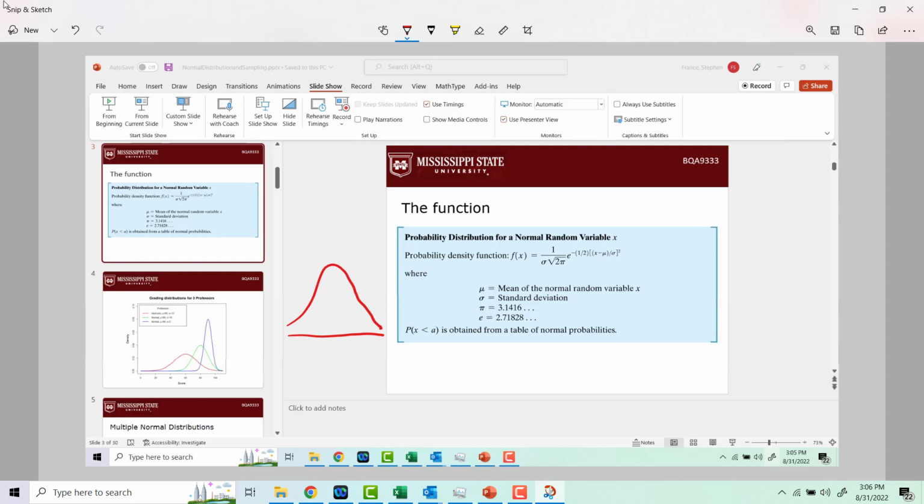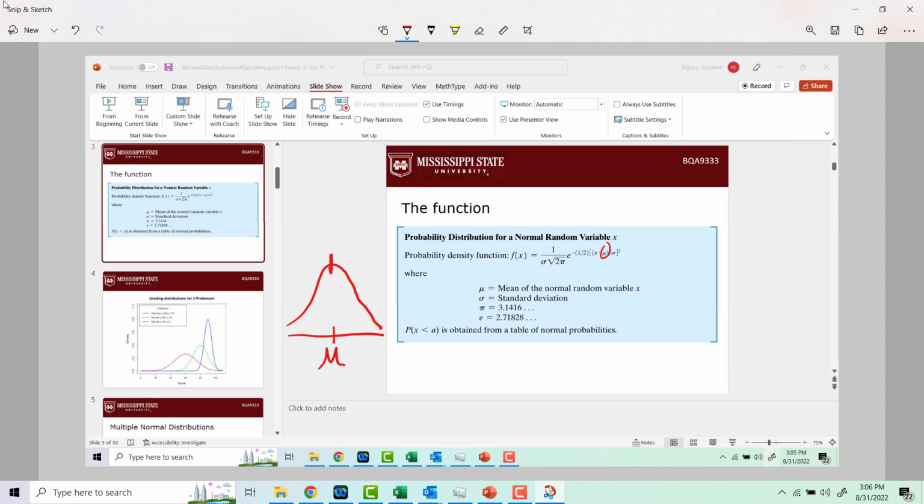And you could think a little bit about some of these factors on the density function here. The mean is in the center. When we're looking at the function, the maximum of this is when your x is equal to mu. We won't go into the maths, but the maximum value of the distribution is at the mu point.